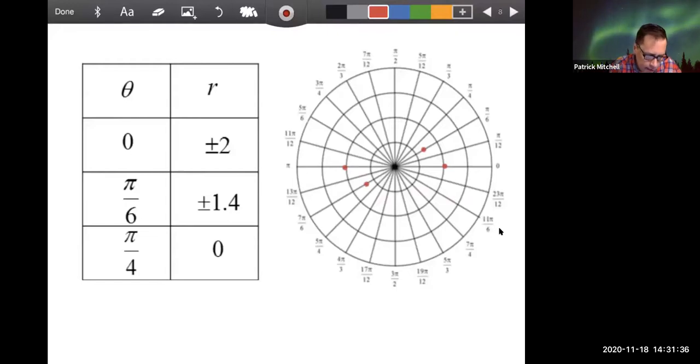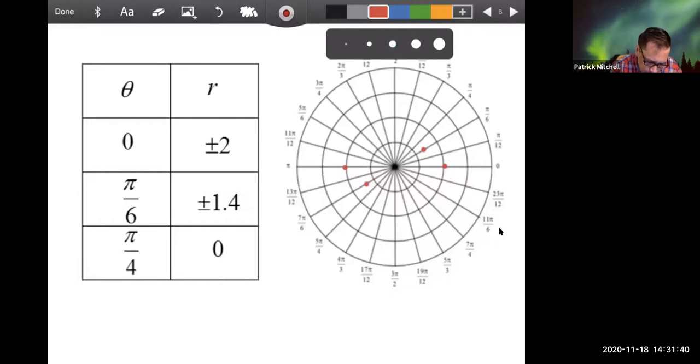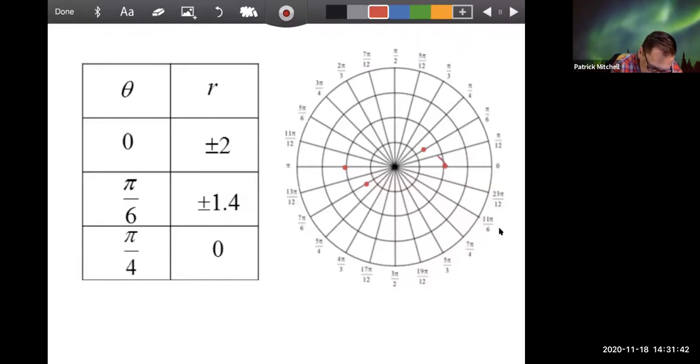So what we have so far is something like this and something like this. And because we have every kind of symmetry, including polar axis symmetry, we are also going to have this and this. So it's kind of like a figure 8.